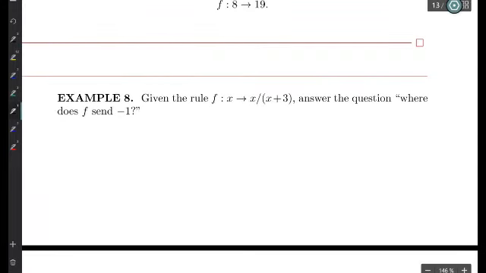Alright, how about x is sent to x divided by the quantity x plus 3. Where does f send negative 1? Let's try it out.